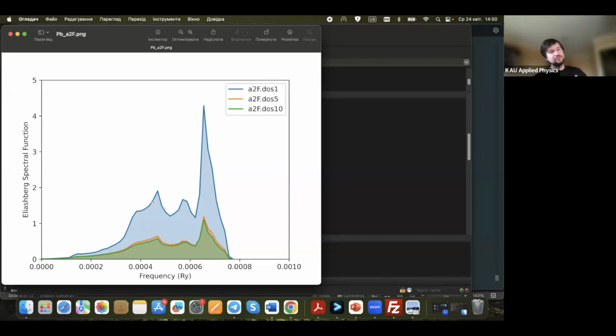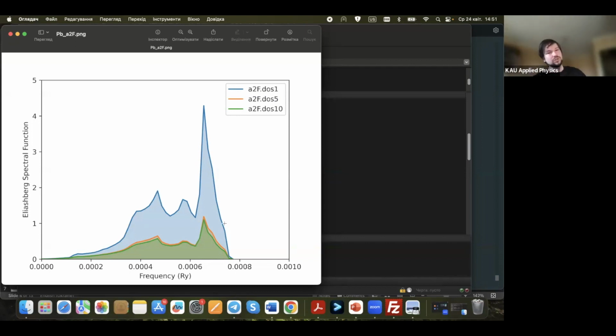It has the same form as this function, but it's like smearing in some space. Then it starts to converge. I used steps of 0.025 Rydbergs here, but maybe it starts to converge from the third, something like this.